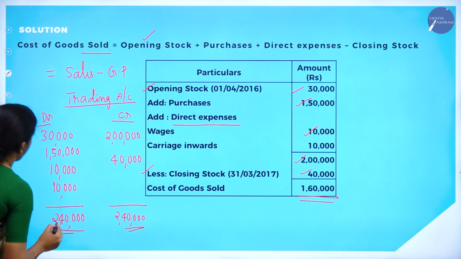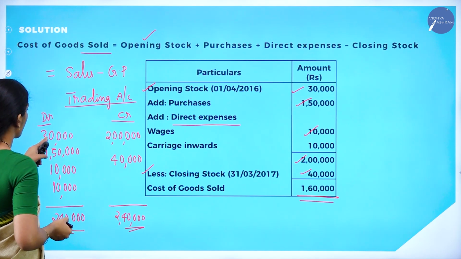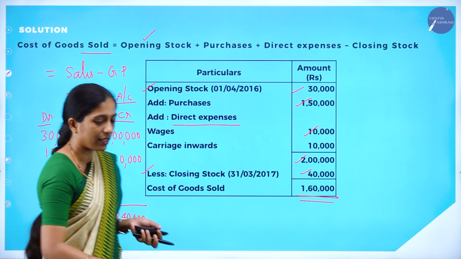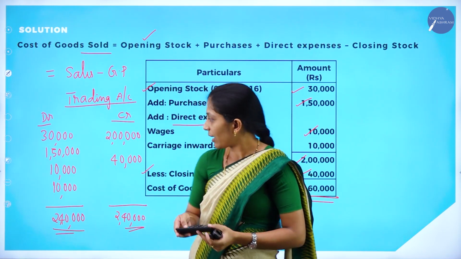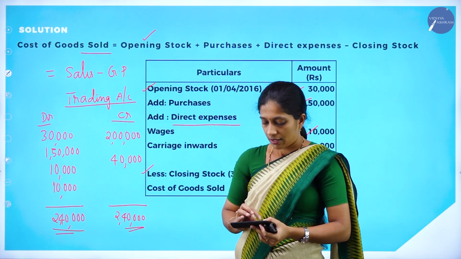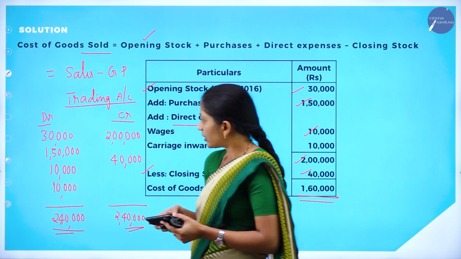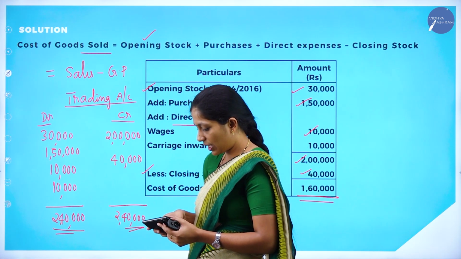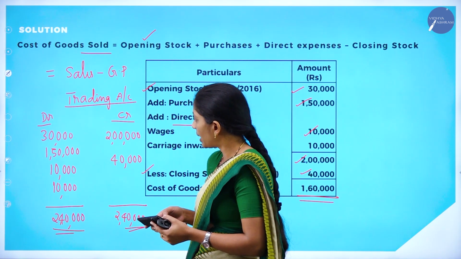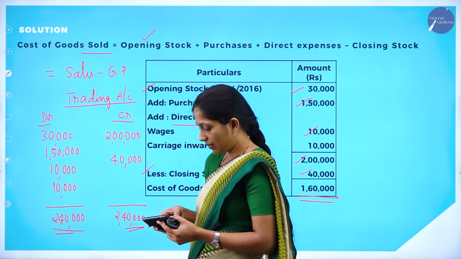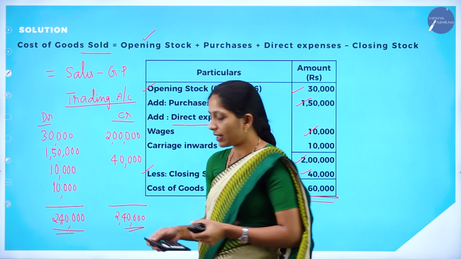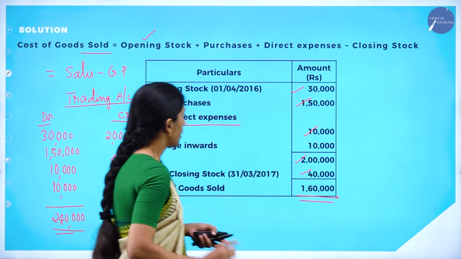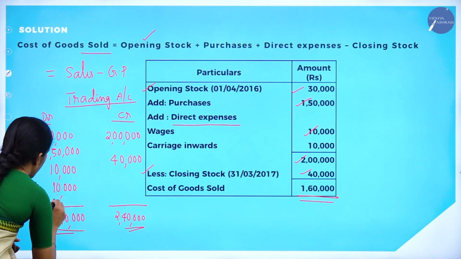Then you have to calculate the gross profit. So 2,40,000 minus 30,000 minus 1,50,000 minus 20,000. So you will get 40,000, that is the gross profit.